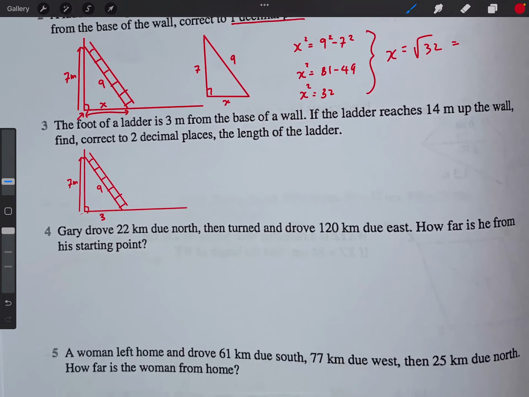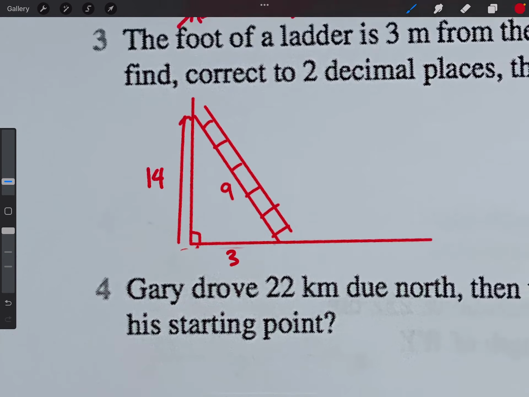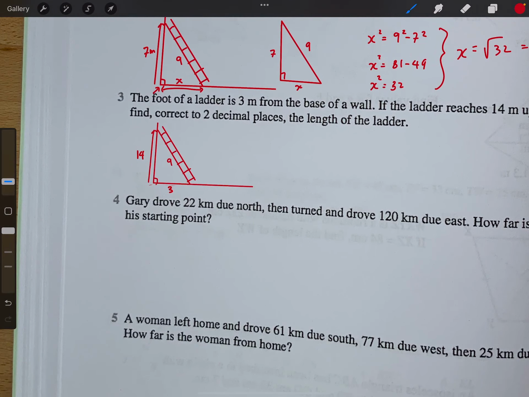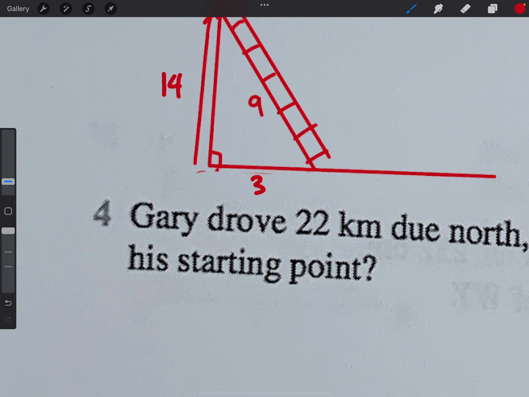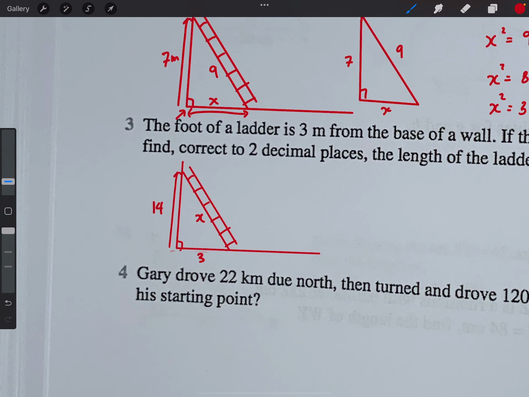If the ladder reaches 14 meters up the wall, so this is no longer 7, it's 14. Find correct to 2 decimal places the length of the ladder. So what is this length here? Call it x. All it did was change the question around.